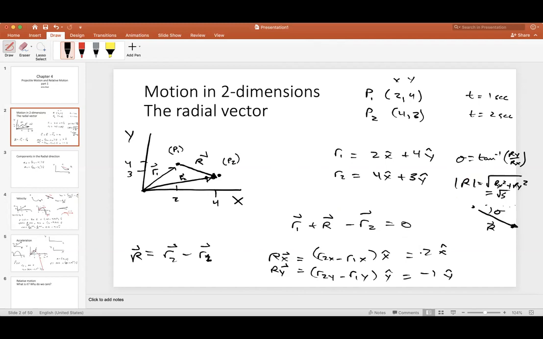You can do all this stuff too, where you find the magnitude or you find the angle. We're going to do that a whole bunch of times, which is why I'm kind of glossing over this. But essentially, just know that you can take a vector and you can break it into components and handle the components separately.